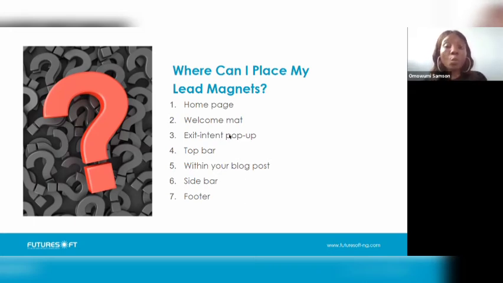So you can have it as a welcome mat. What qualifies it as a welcome mat is that as soon as your page loads, the next thing that pops up is the lead magnet. Another one is the exit intent pop-up.